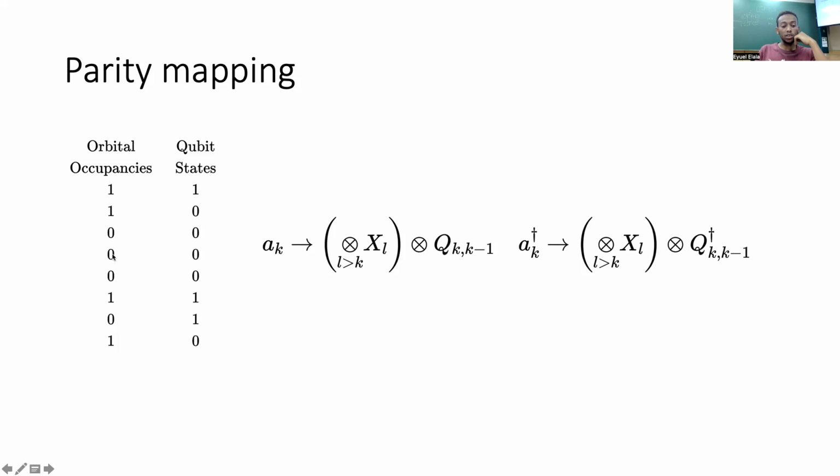So when something is created here, all the parities next to the state are going to be flipped, and when there is occupation of an orbital, there's a difference in the sign. This is handled by this operation. So we can write the creation and annihilation operator this way.